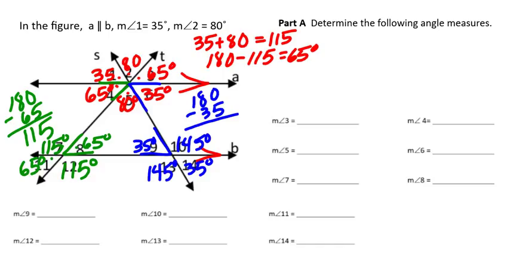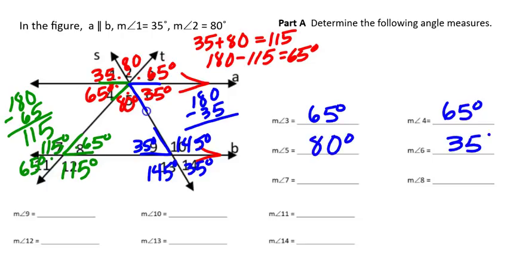So now all we have to do is go in and fill our blanks because we found every angle. So the measure of angle 3, for example, is 65. We have the measure of angle 4 over here is 65. The measure of angle 5 is 80. The measure of angle 6 is 35. The measure of angle 7 was 115.